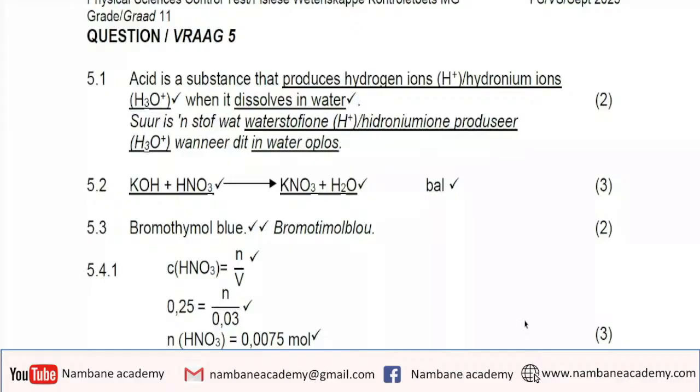In the examination guidelines, some say when it dissolves in aqueous solution, so perhaps on that basis we can accommodate when it dissolves in aqueous solution. That's where the second mark will go.